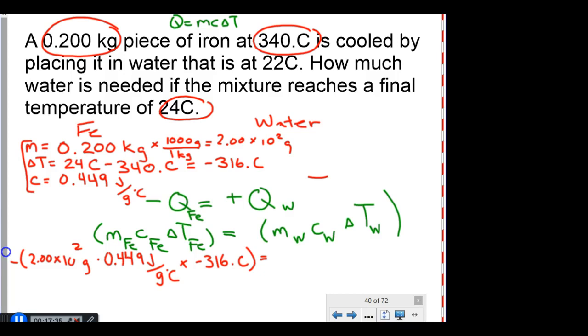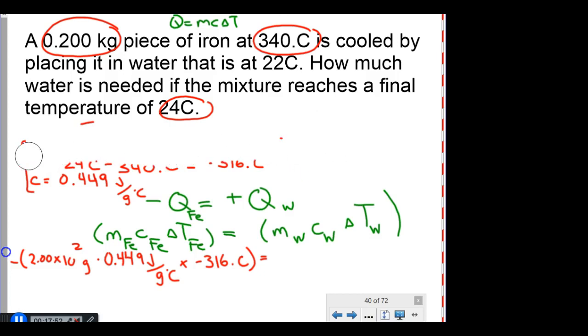We need information for water. Now that I've got my iron stuff down in the equation, I'm just going to erase it so that I have space to do water data. Sorry? Okay. All right. Let's find our water information.